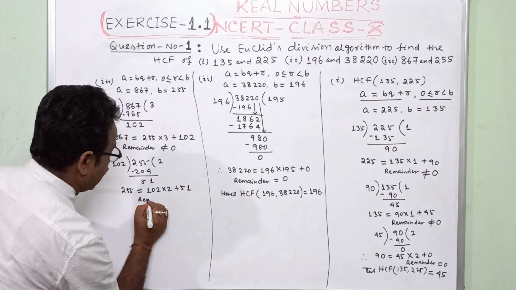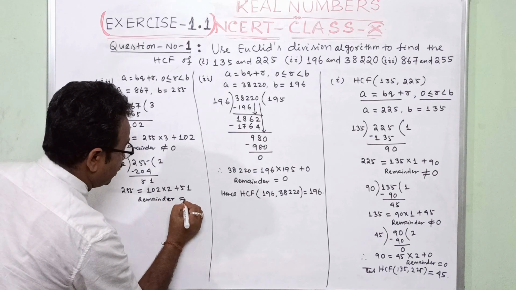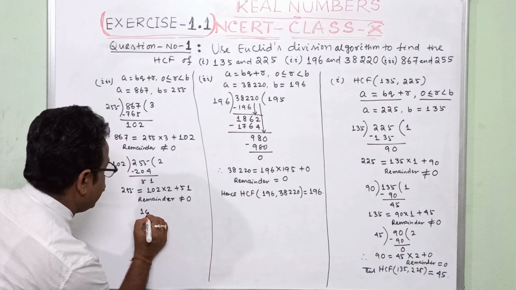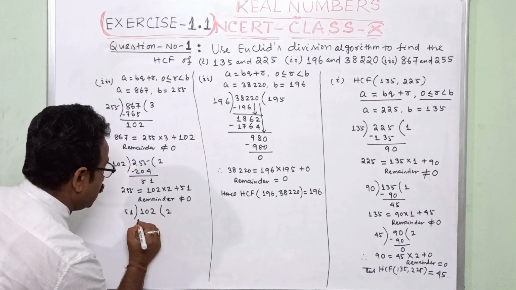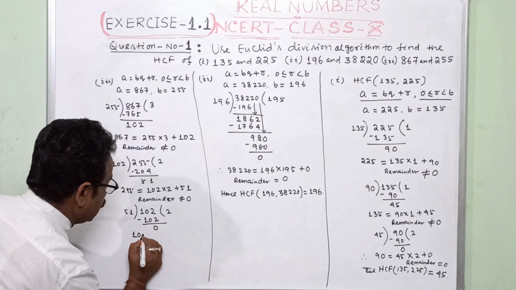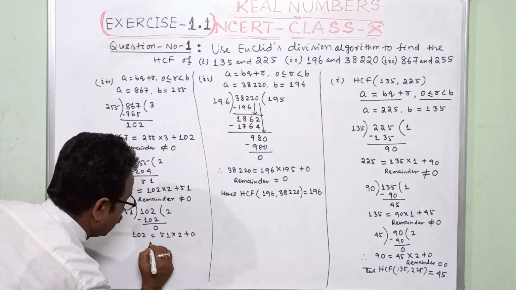The remainder is not equal to 0, so we continue. Now 102 divided by 51 is 2, and the remainder is 0. So 102 = 51 × 2 + 0.